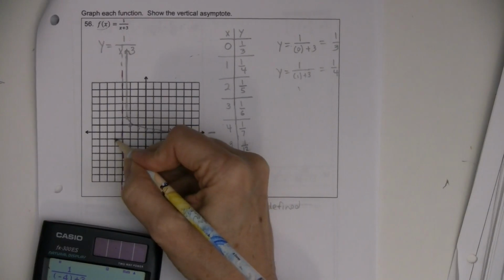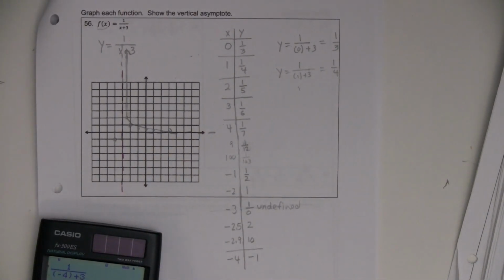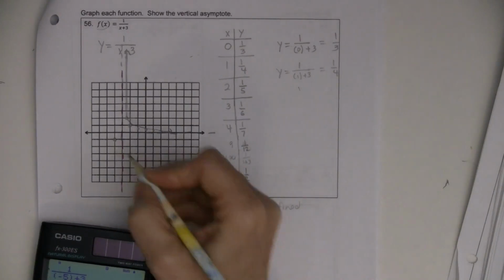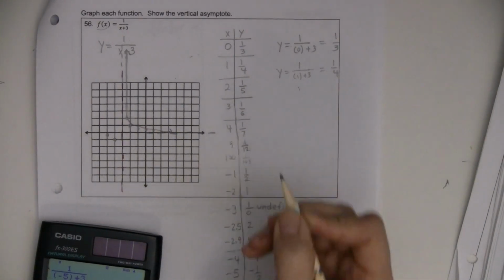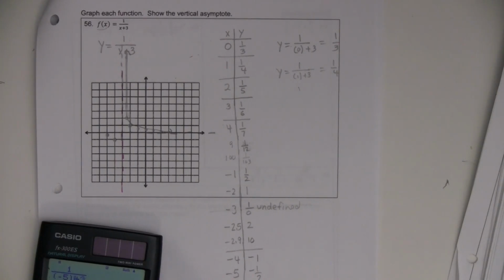So -4, -1. I'm going to choose -5, and I get -0.5. So here's -5, -1/2. And I'm going to choose -6, and I get -1/3.